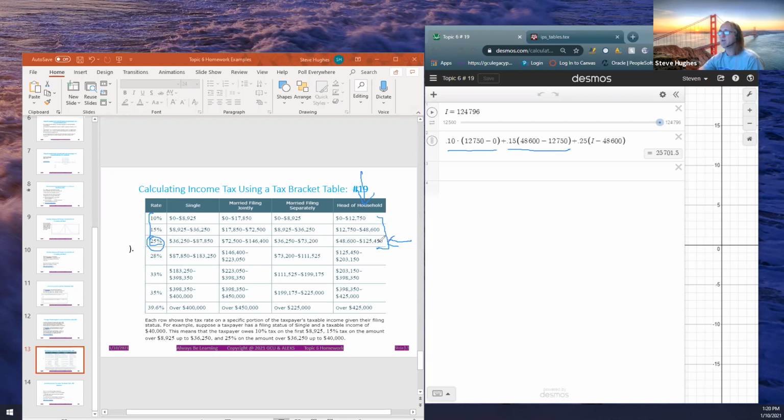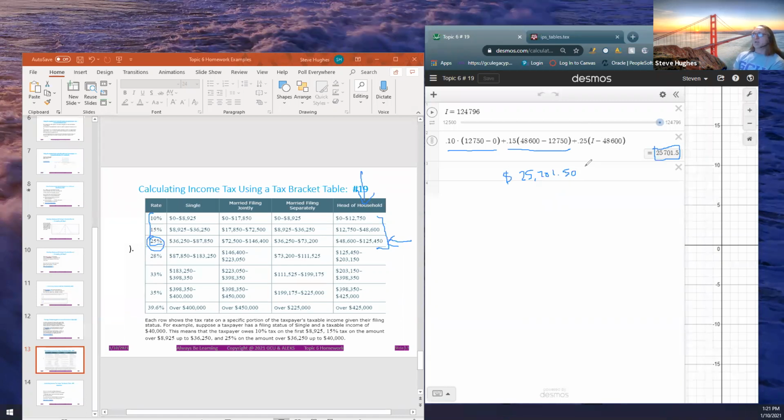It's not the 125. He didn't earn 125. He earned 124. So that is I, which is 124 right there. I minus 48,600 means Louis owes $25,701.50. I'm going to round that off to 2 decimal places. $25,701.50 is what Louis owes.